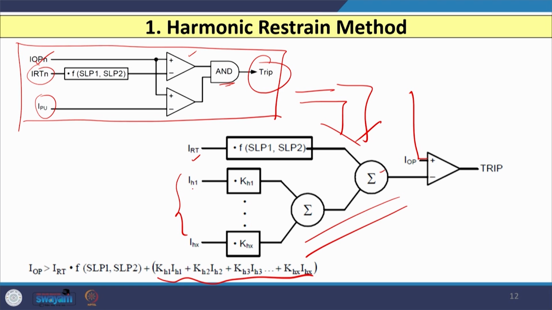So, you can see that a specific content of harmonic multiplied with a specific constant, those are added using the summing block and that is again added with IRT, because we need to add this complete value into the IRT. So, that will be again compared with the operating current. So, that is the change we need to make in the block diagram if we wish to use harmonic restraint method.